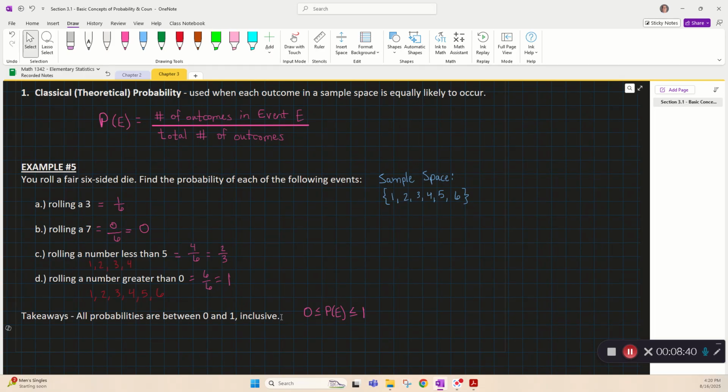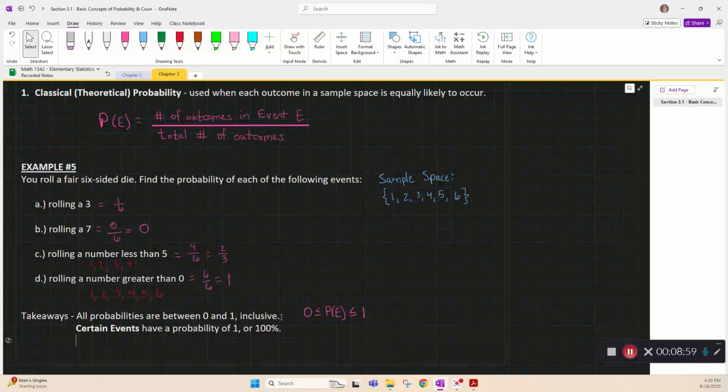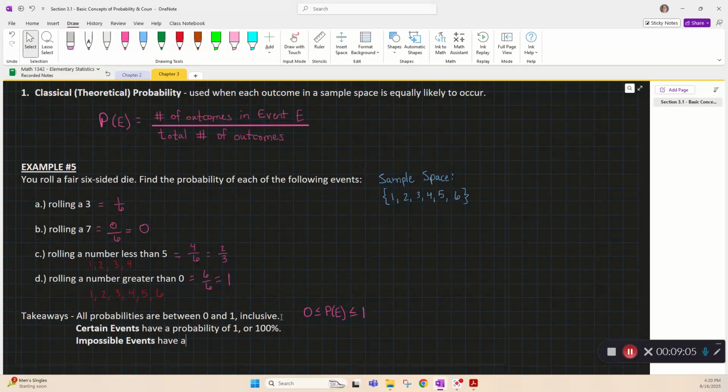A certain event has a probability of 1 or 100%. Impossible events have a probability of 0 or 0%.